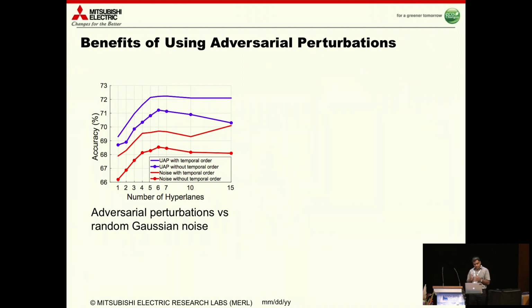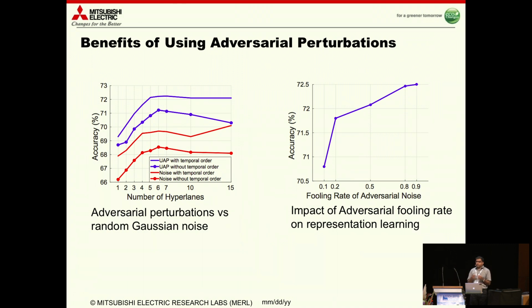The next experiment is on what happens if you change the fooling rate of these perturbations. Increasing the fooling rate means that the optimization for computing these perturbations is getting more and more confident of what it is being fooled to.